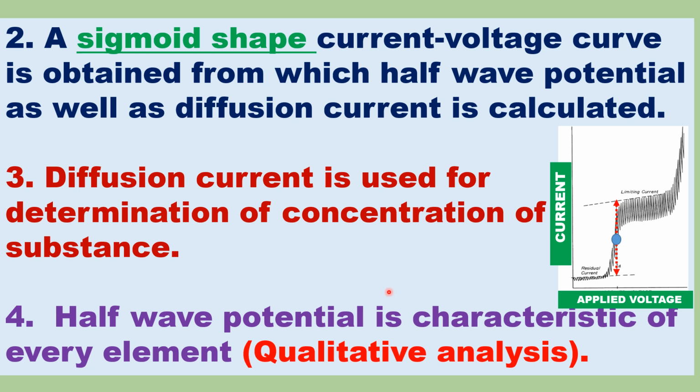And half-wave potential is characteristic for every substance. It is different for different substances. For copper, it is a different deposition potential. For cadmium, it is a different deposition potential. For organic compounds too. So it is used for qualitative analysis, to find what metal ion is present, what organic species is present.